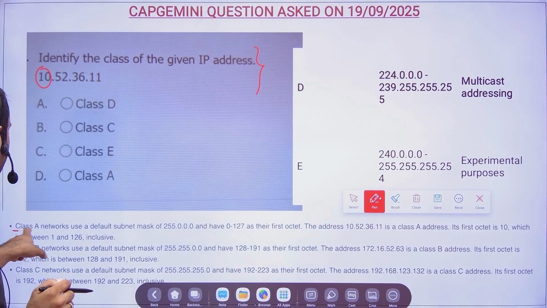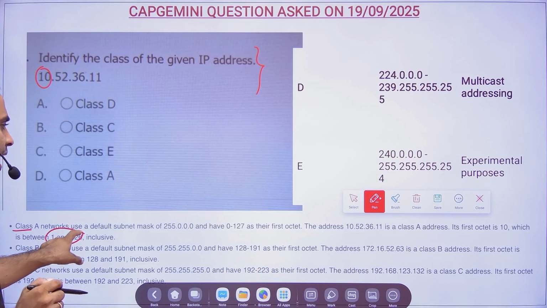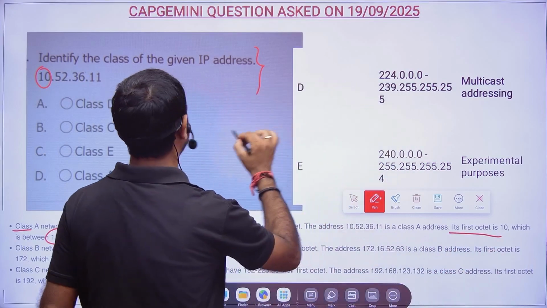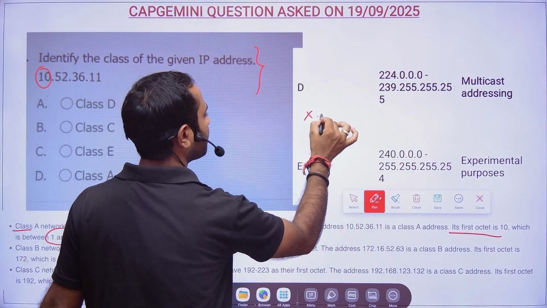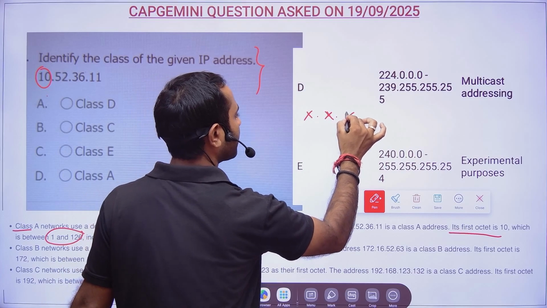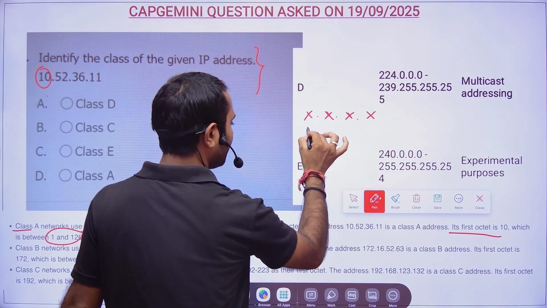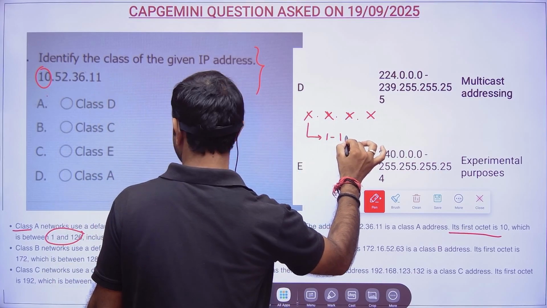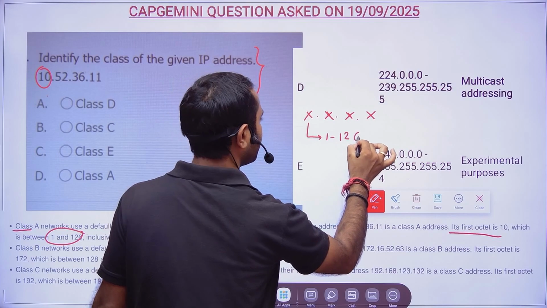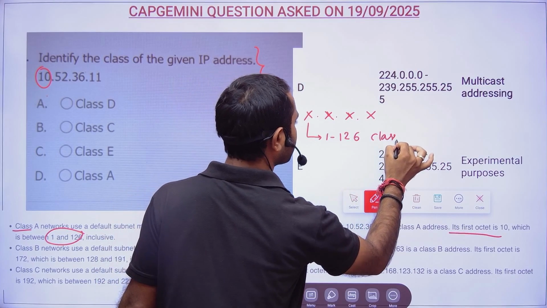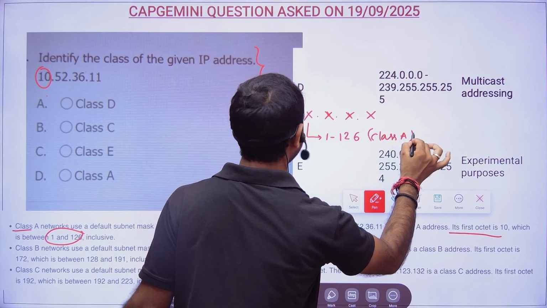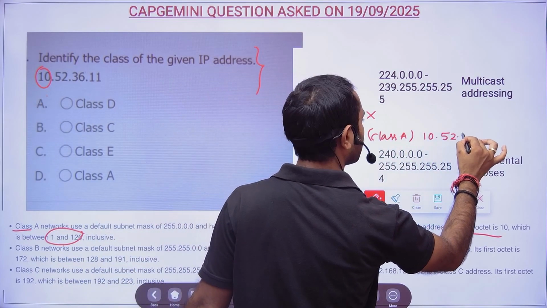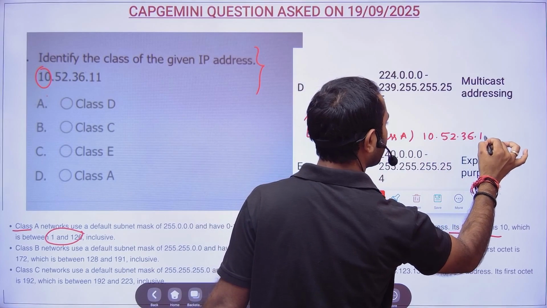Class A network: if the first octet, the first x in x.x.x.x, is between 1 to 126, then it will come in class A. Right now what we have is 10.52.36.11. So this will come under class A.